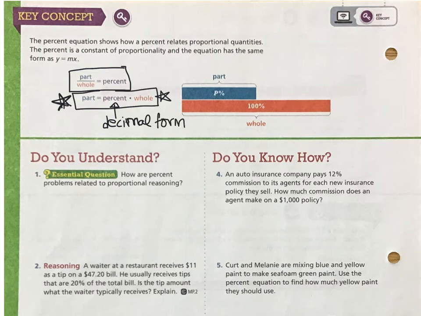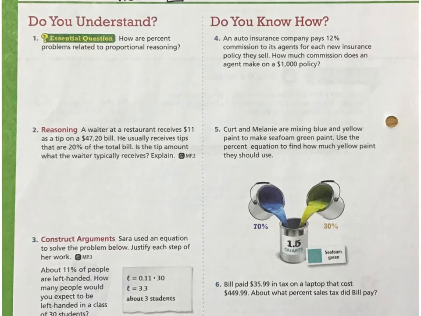So you are either dividing by 100 or use the percent key on your calculator to change that from a percent number into its decimal equivalent. Let's try a couple of questions together.